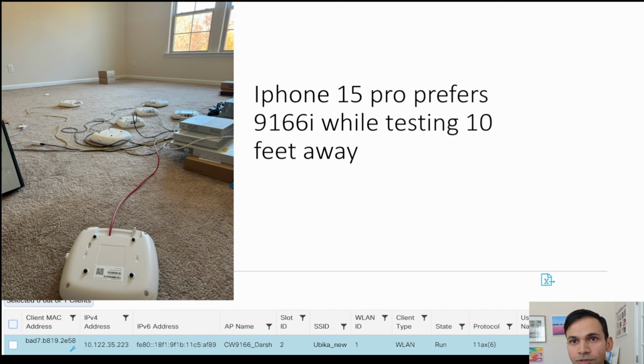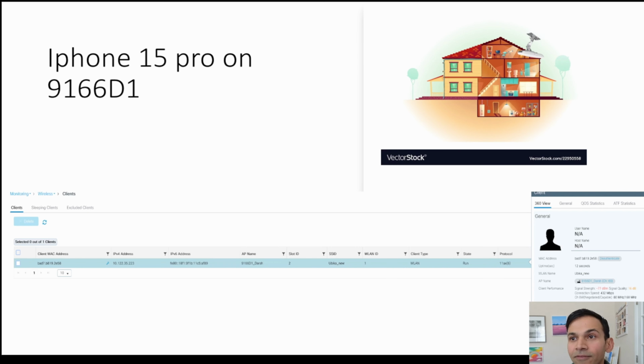As I moved to the first floor, and remember this is roughly an idea, this is where my AP in the attic is, and this window on the first floor is where I moved. The interesting part is all three radios were up, 2.4, 5 and 6, and it moved me directly to 9166D1 over there, connecting at 77 dBm.